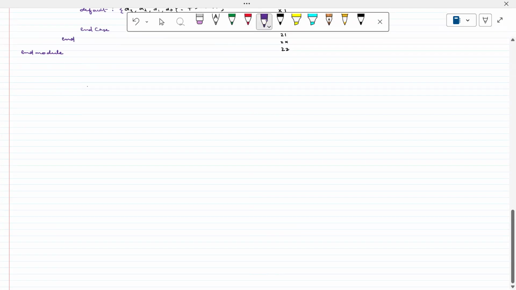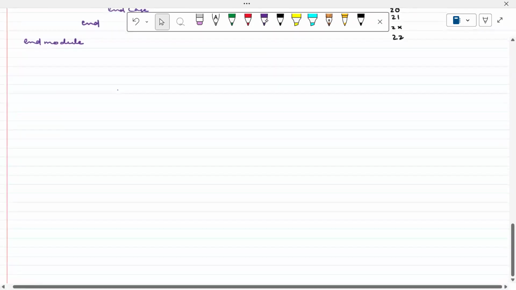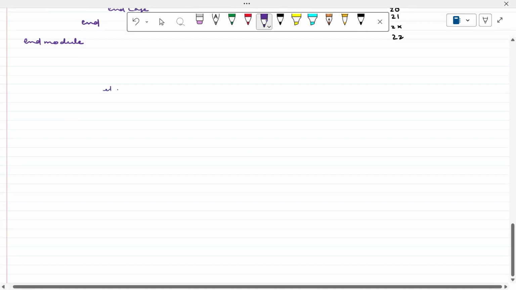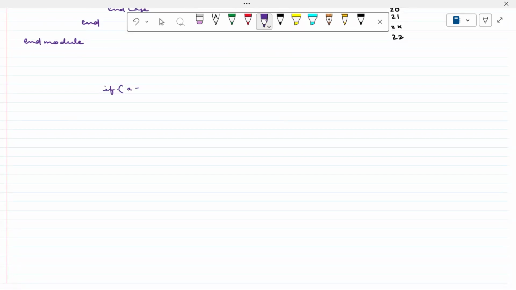For example, if a equal to 0, I'm writing here. Then you write begin, y is equal to 1 bit of 0. Else, if you write else, then what will happen?